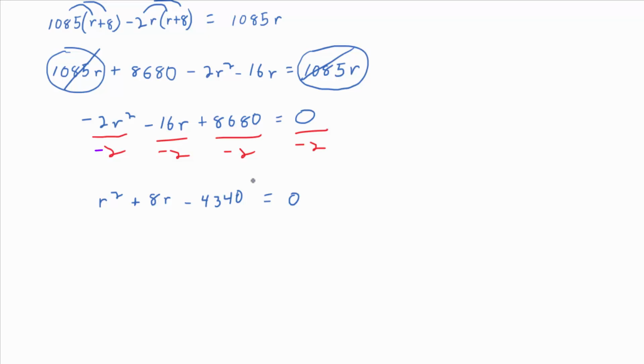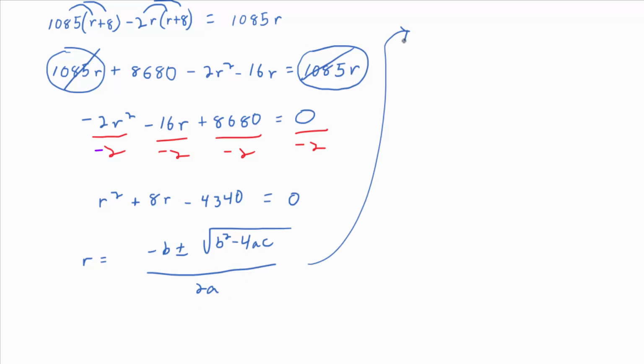Let's use it. So in this case, R is going to equal negative b plus or minus square root b squared minus 4ac all over 2a. So fill it in. What do we get? I'll go up here. What do we get?